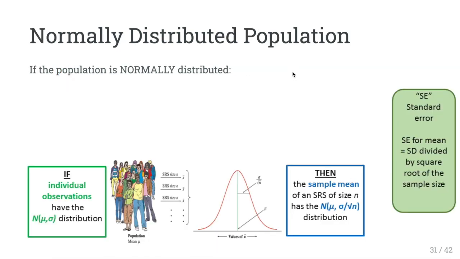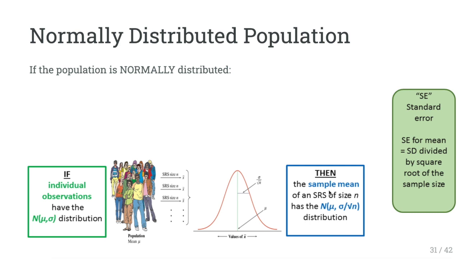So take this example. Let's say the population is normally distributed. If the individual observations have the normal distribution, that's what this N stands for, with a mean of mu and a standard deviation of sigma, whatever these values are, it's a nice normal distribution with those values.